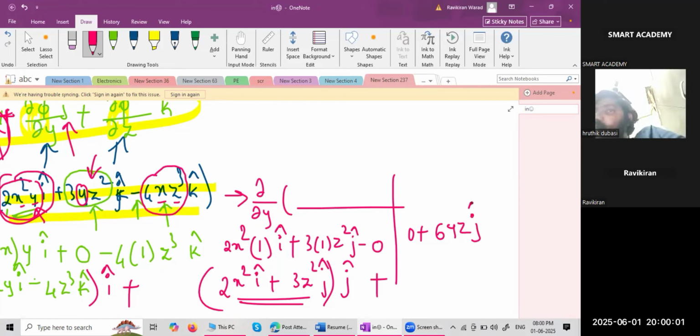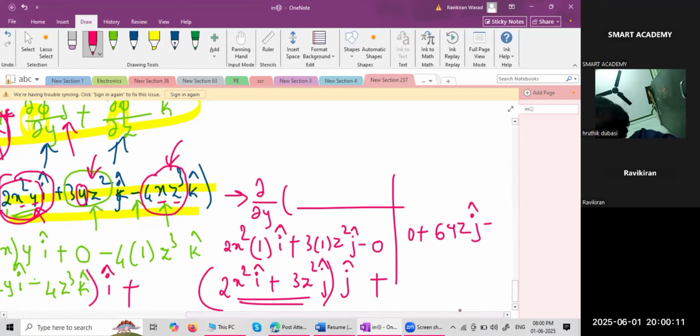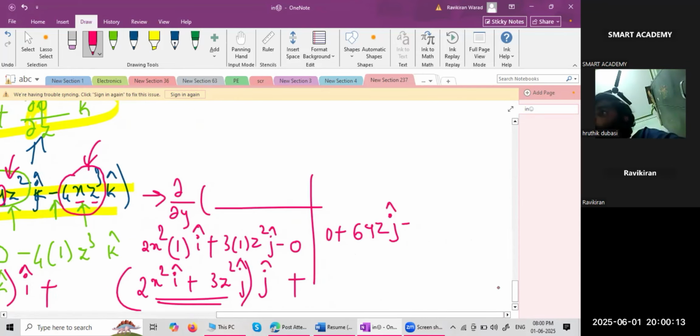After that, j cap, okay. Minus. Can you differentiate this one? z cube differentiation with respect to z, 3z square. 3 into 4, 12xz square, k cap.